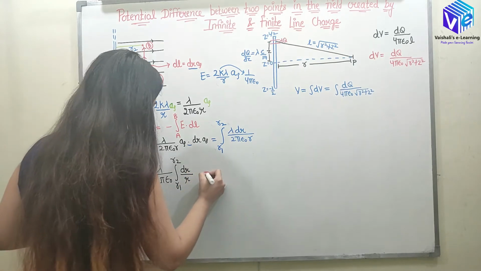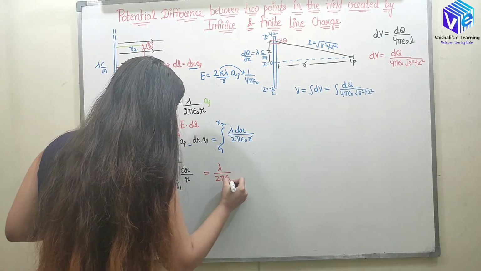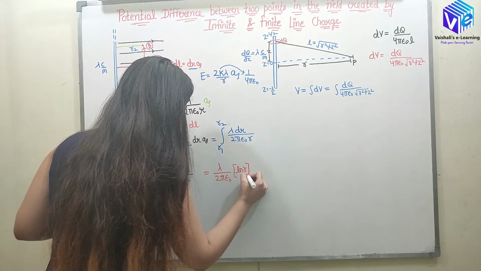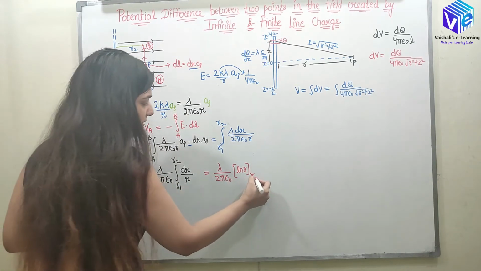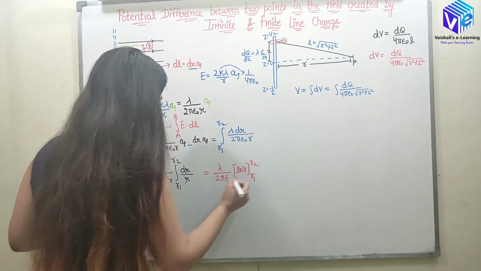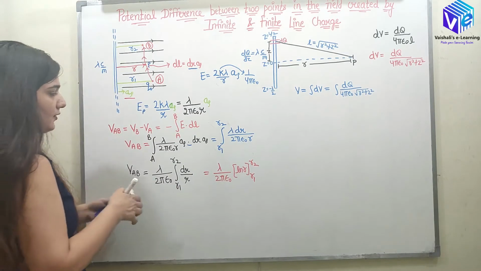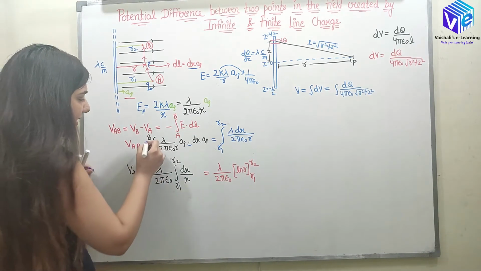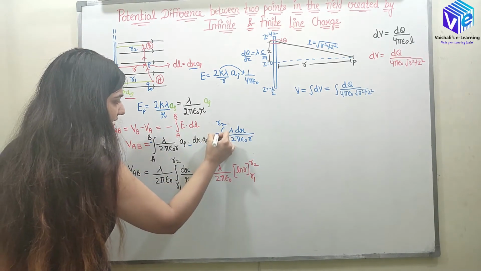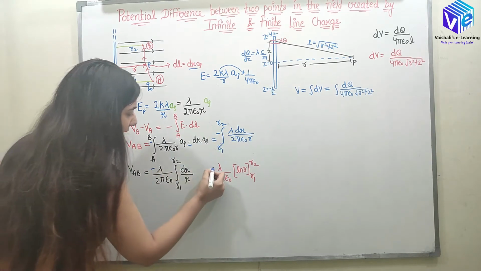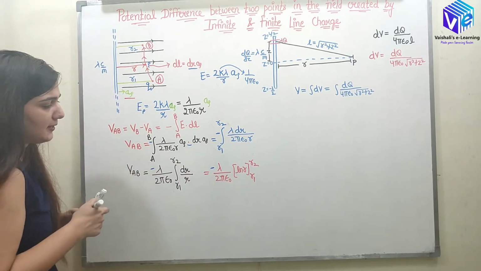We all know it. Limits are same, it is from r1 to r2. Okay, so here I forgot the negative sign. Put the negative sign also here, and this is the required answer.